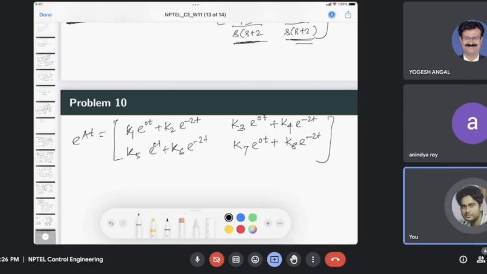We can assume this form, but these actually come from the eigenvalues because of the Laplace transform. Each term in the matrix can have this form, where k1, k2 and so on are unknown.